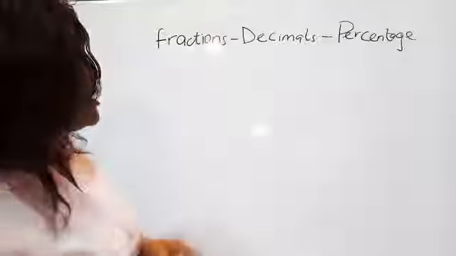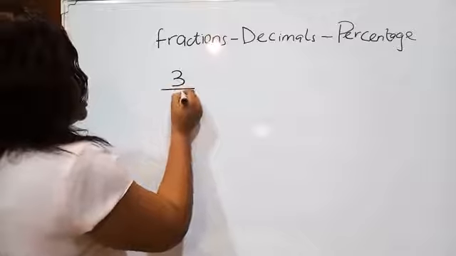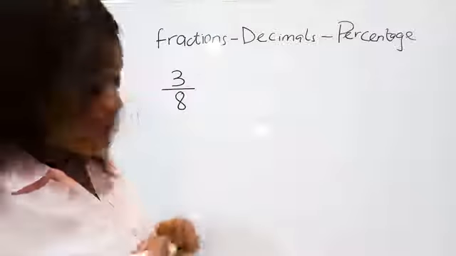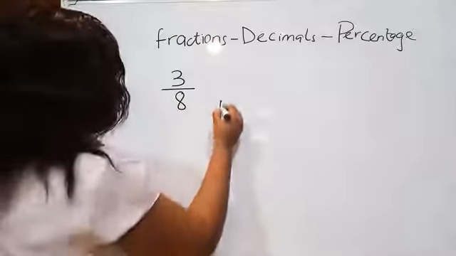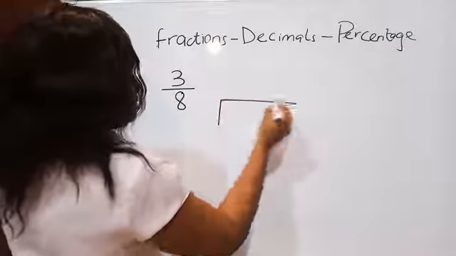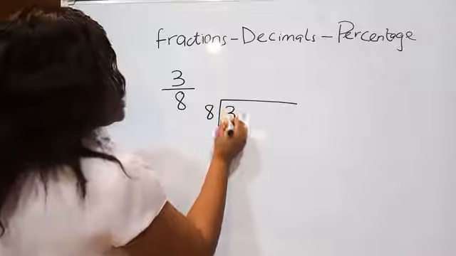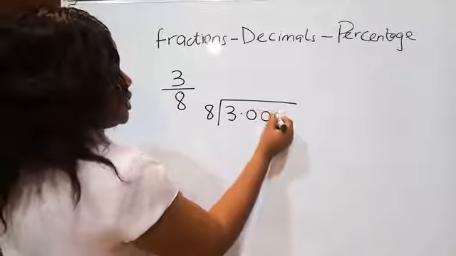Another way of doing this is by the long division method. Let's take, for example, you're given 3/8 and you're supposed to convert it to decimal. You have 8 here, then you have 3, then just add some zeros to help us.